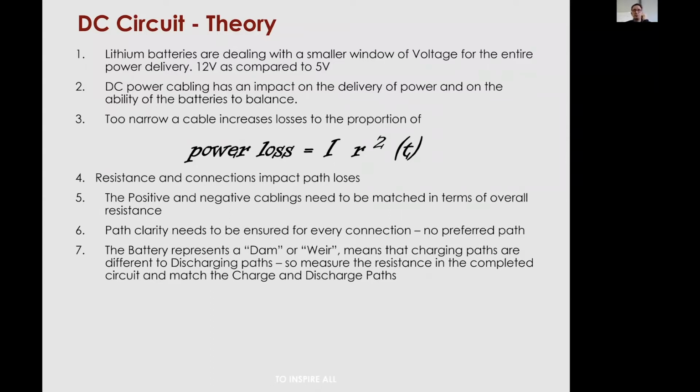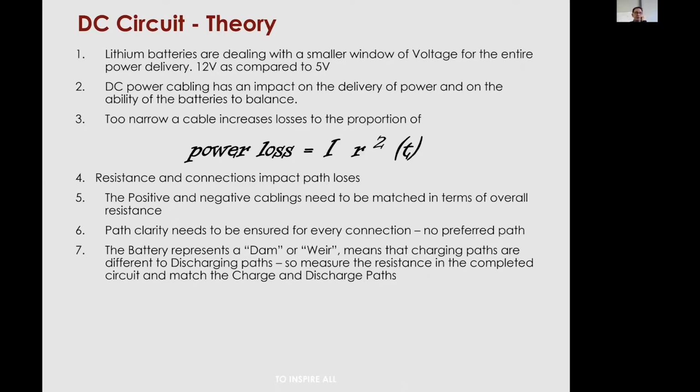So point number 2 there, the DC cabling has that impact and the ability to influence the cell balancing and so forth with a lithium system.